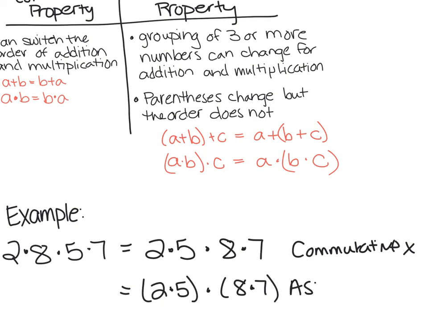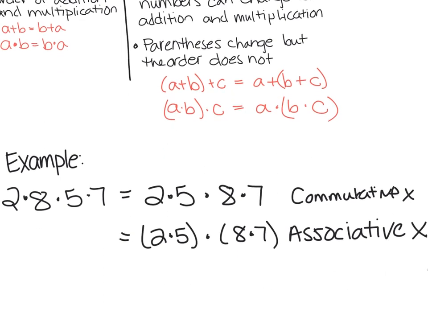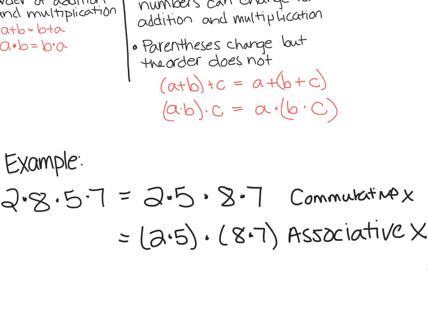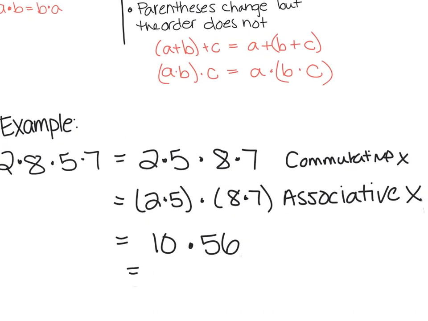So grouping them, remember your parentheses, that's the associative property of multiplication. Now I can just do the math a lot easier than I could before. So 2 times 5 is 10, 8 times 7 is 56, and 10 times 56 is 560.